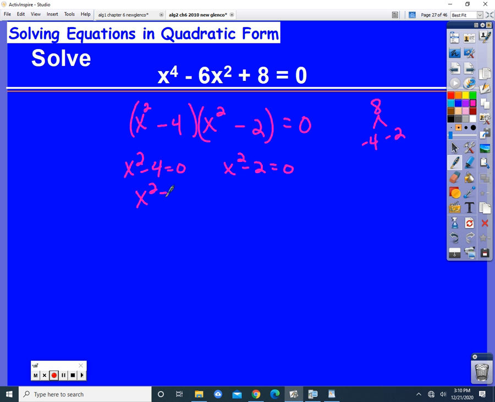We have x squared equals 4, square root it, so x equals plus or minus 2. And x squared equals 2, so x equals plus or minus square root of 2. So you got 4 answers again. These 2 are rational, these 2 are irrational. That's degree 4, so that makes good sense.